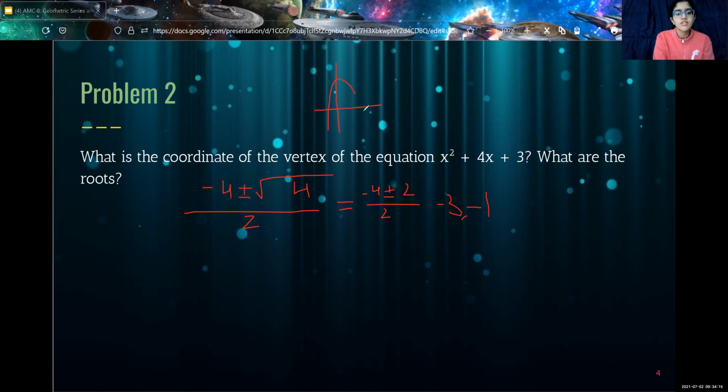Because the graph has symmetry around the vertical line that goes through the vertex, this side and this side will be congruent, so it makes sense that the vertex would be in the middle of those 2 points.